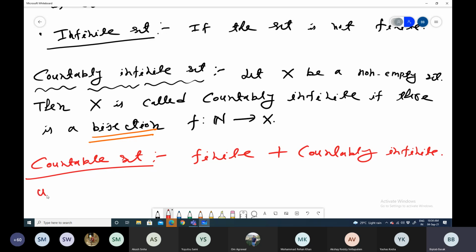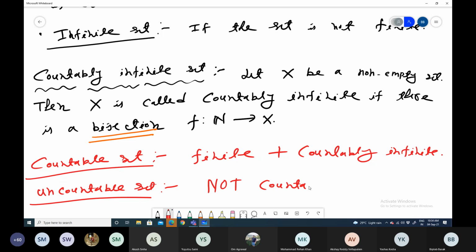And similarly, we can define an uncountable set if it is not countable. Okay. So in this way, we can define countable set, uncountable set, finite set, infinite set, and also countably infinite set.